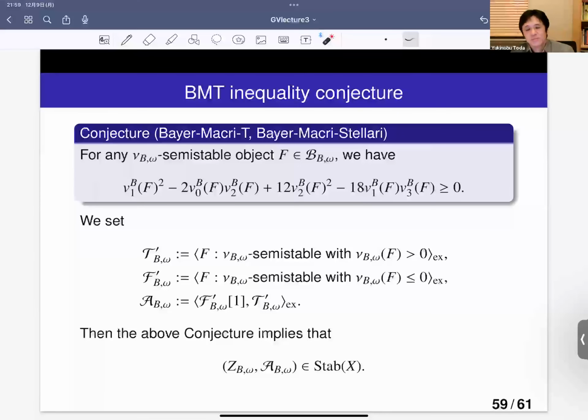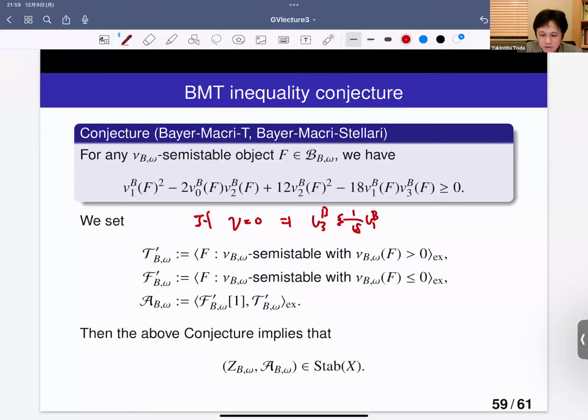But in order to apply it, we need a conjectural inequality of the third Chern character. So this is the proposed inequality. In fact, in our papers, our condition is that if nu equals 0, then V3B is less than or equal to 1 over 8 V1B.